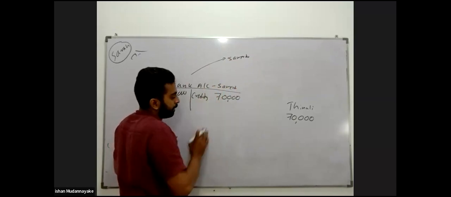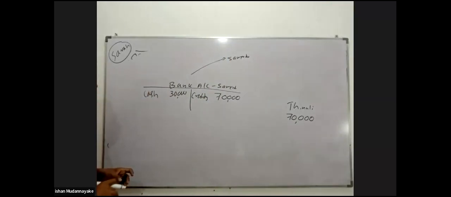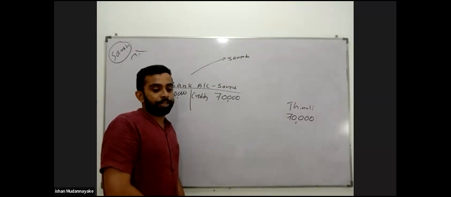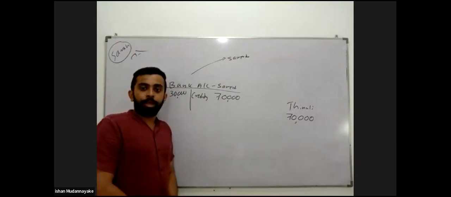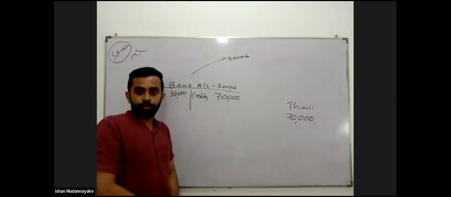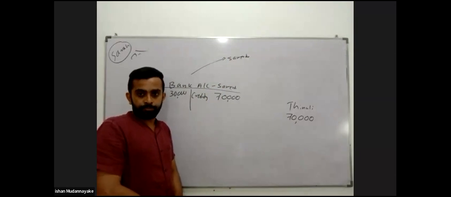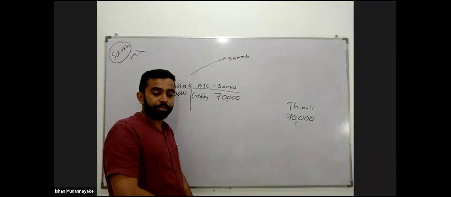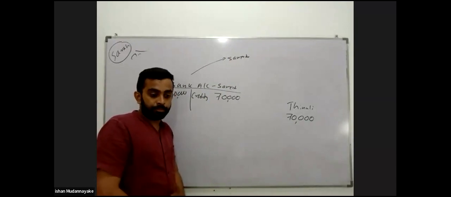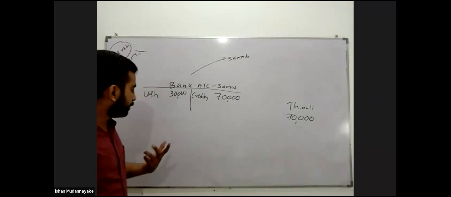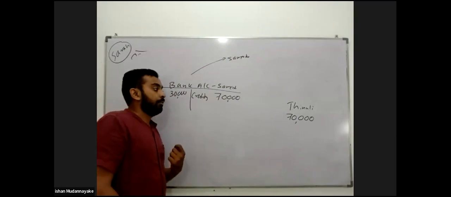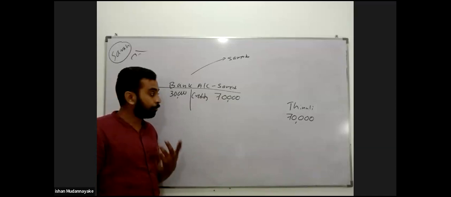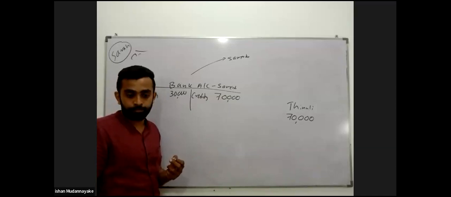After releasing this check, Sarah contacts the bank manager of the Sampath Bank, Nugegoda branch, and informs them: I have only 30,000 in my account, but because of an urgent matter I have to pay 70,000 to Thinuli.